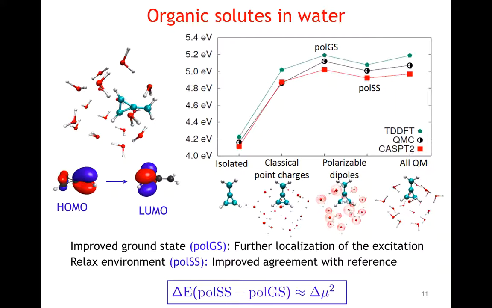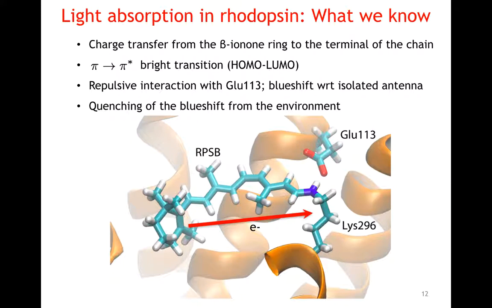This state-specific correction, as I said, is very important when the electronic distribution of the excited state is very different from the one of the ground state, and deriving the equations and following a perturbative approach, we can find that the correction of the state-specific embedding with respect to the ground state polarized environment is proportional to delta mu, where delta mu is the difference between the excited state dipole moment and the ground state dipole moment.